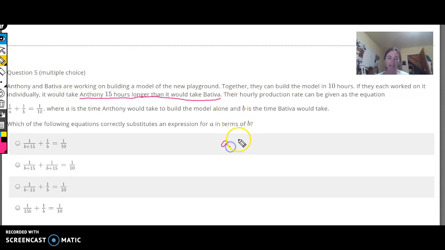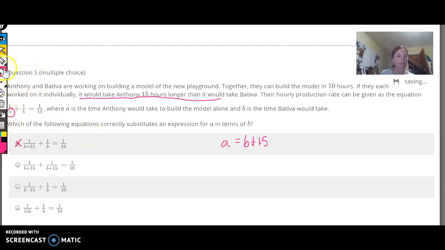So A equals, if they were to do it all by themselves, A equals B plus 15. So if I want to substitute that into this equation, all I need to do is this right here. I just put B plus 15 in for A. Easier than it looks, right? Okay.